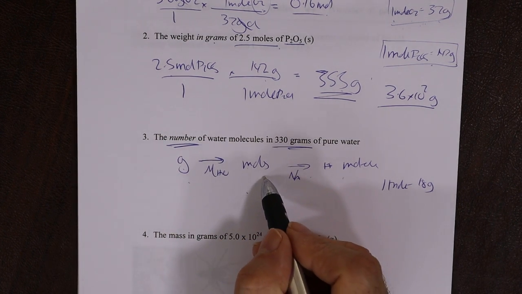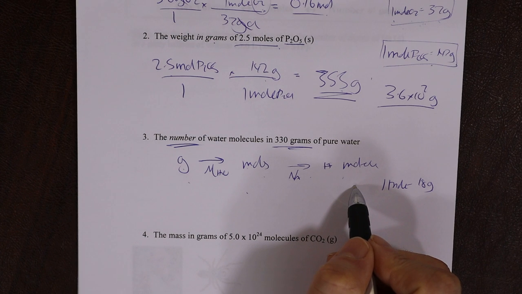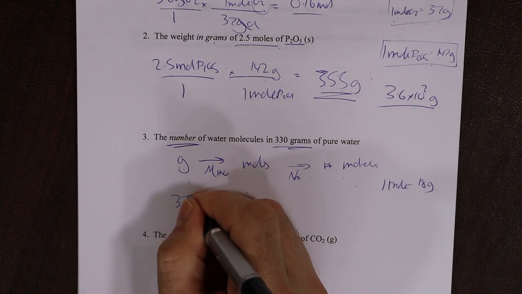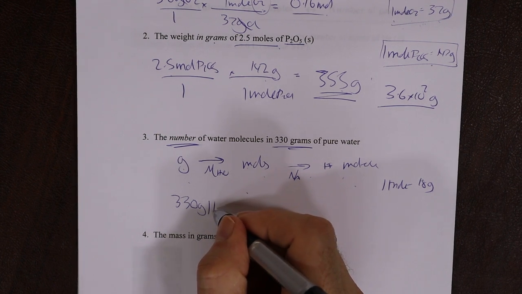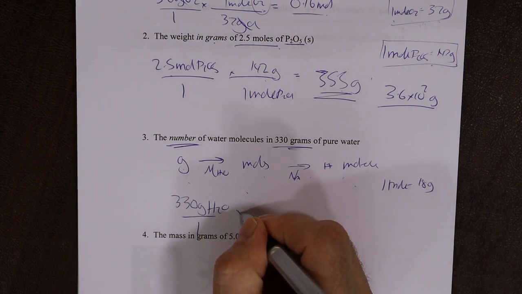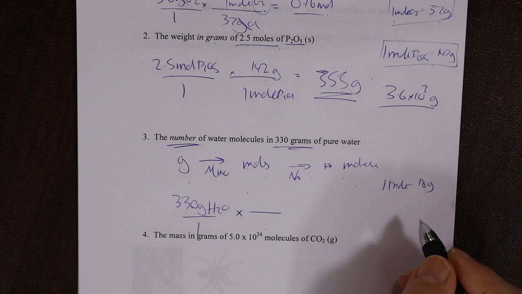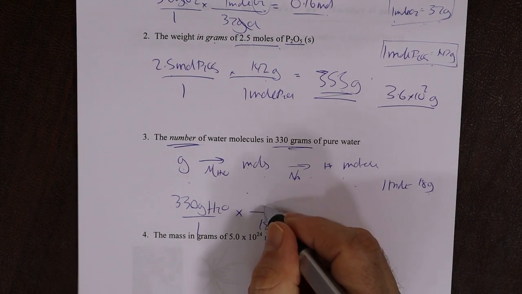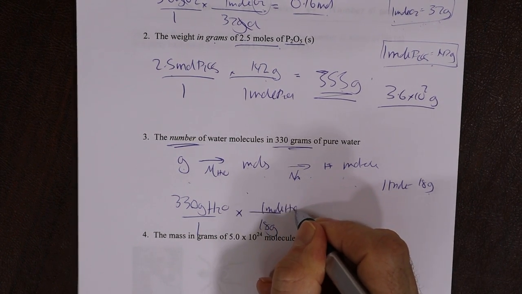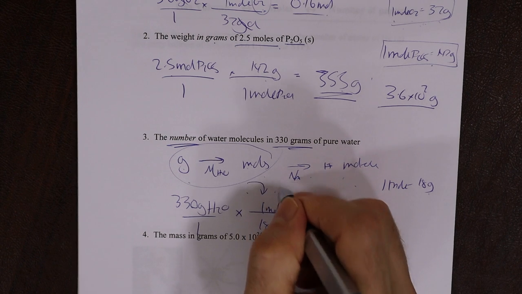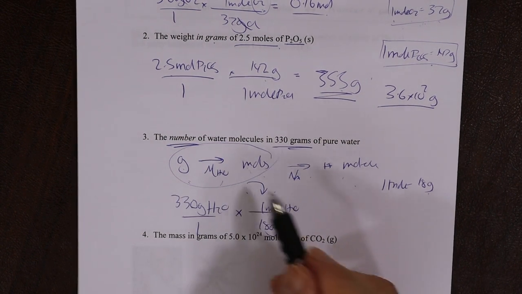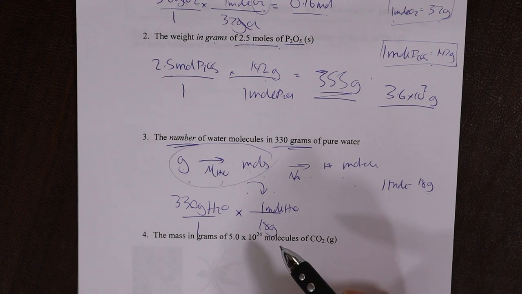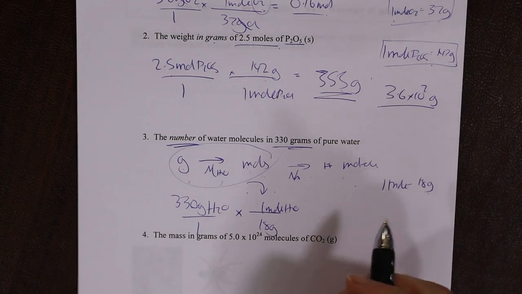So this one, unlike the sugar packet example, I'm going to cobble them all together at the same time. I'm starting with 330 grams of water times, grams on the bottom, 18 grams is 1 mole. That's this leg of the journey. I use molecular weight to turn grams to moles, just like the first step in the sugar example. But I'm not pressing equals, I'm just doing it all at once.